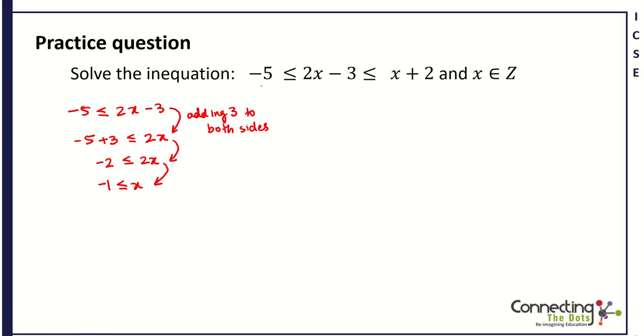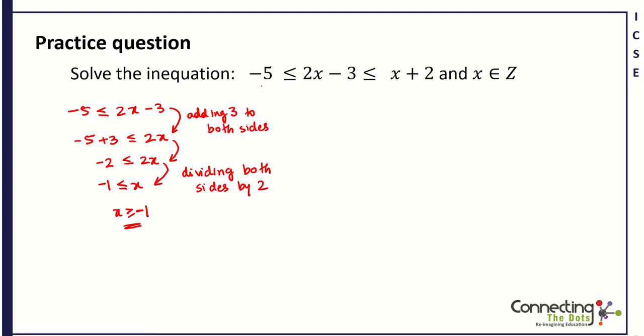How did we go from here? Dividing both sides by 2. So this can also be rewritten as x is greater than or equal to negative 1. So this is the first result when we compared these two.